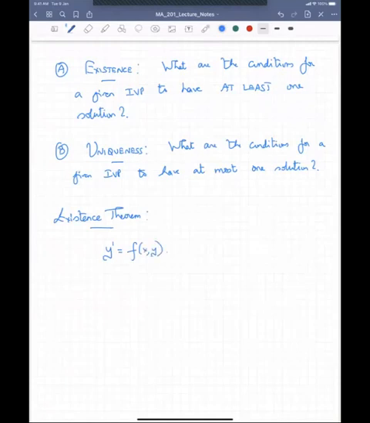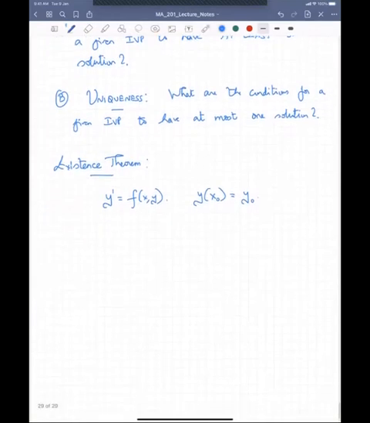Remember that this is the explicit form of the differential equation. I can also have some function of y prime, y and x equals 0, but it's usually stated in this explicit form. Since I want an initial value problem, let me say that my initial value condition is y at the point x0 equals y0.